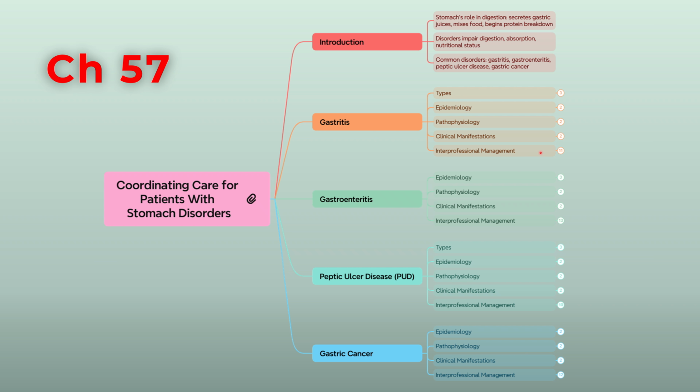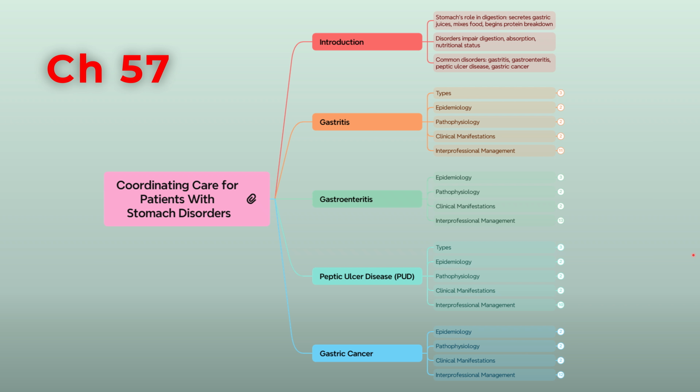Here we have any labs, surgeries, treatments, diagnostics, and nursing interventions and actions that we have to do. We'll also cover the medications that you need to know, like PPIs and sucralfate.